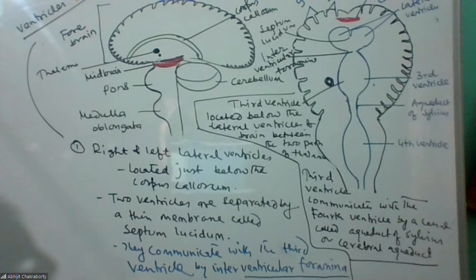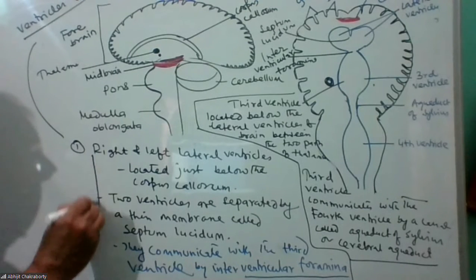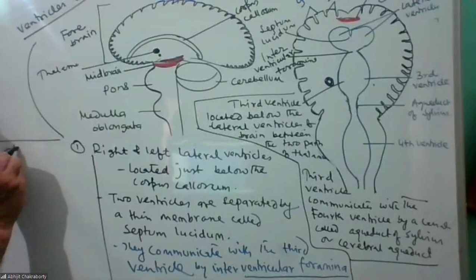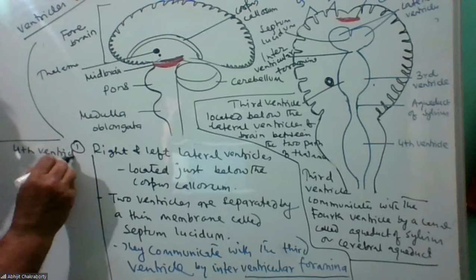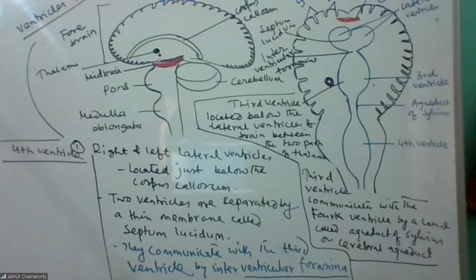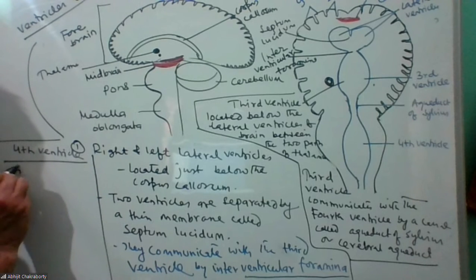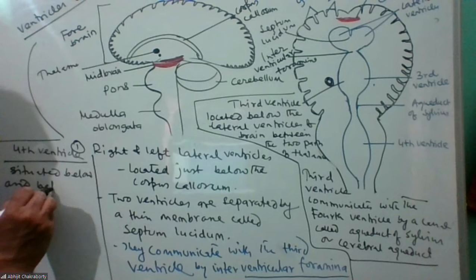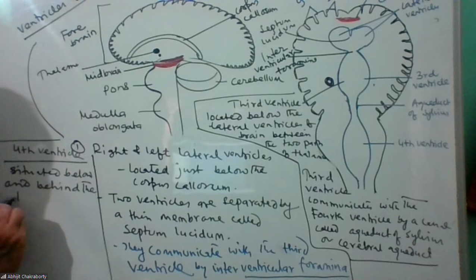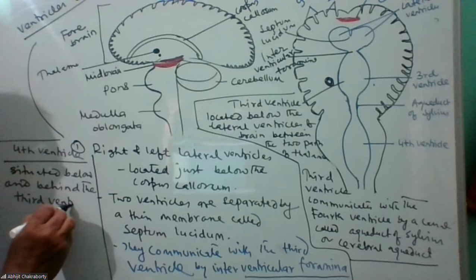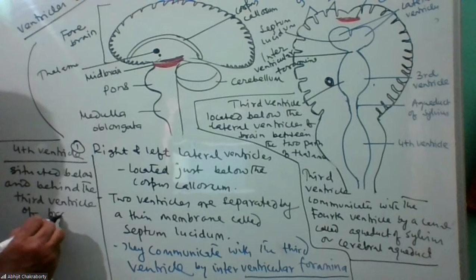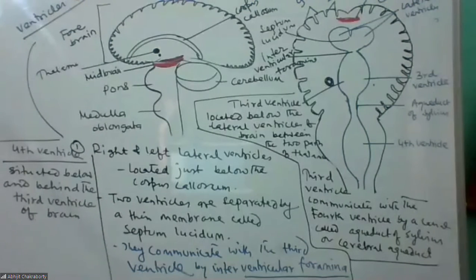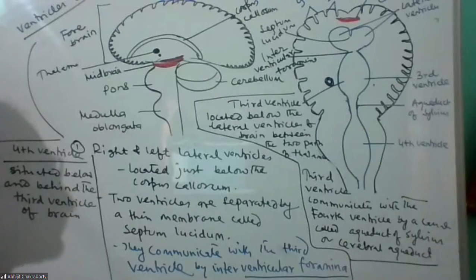Now regarding the fourth ventricle. The fourth ventricle is located or situated below and also behind the third ventricle of brain.